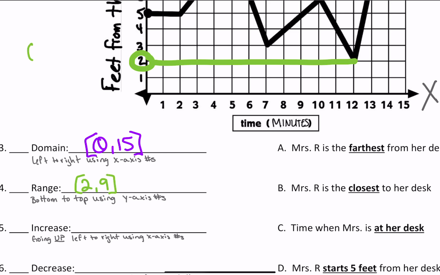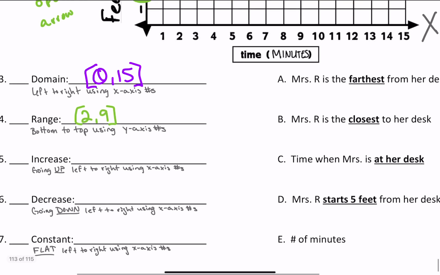If you use an open bracket, right, that is for when we have an open dot or we have an arrow. Okay, and these special brackets are all for domain, range, increase, decrease, and constant. So those specialized brackets are for these highlighted words here.